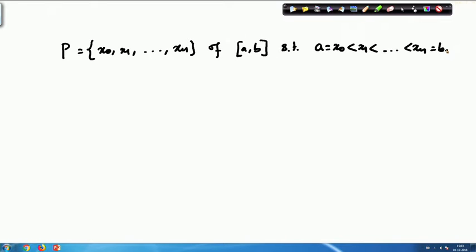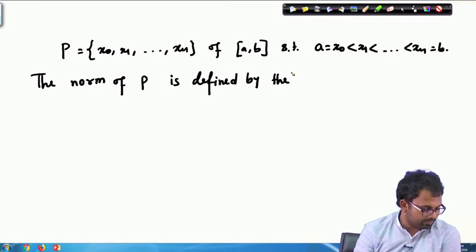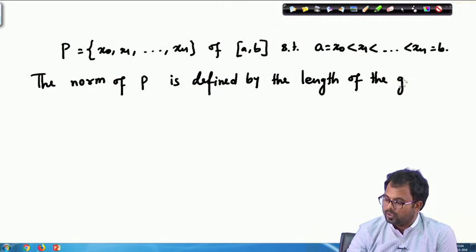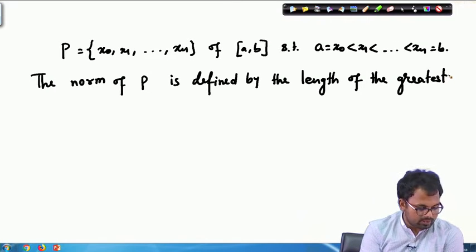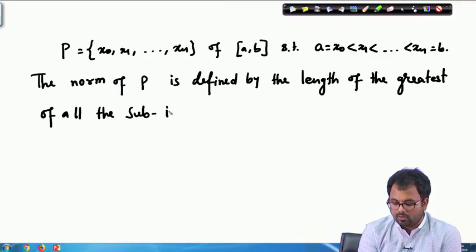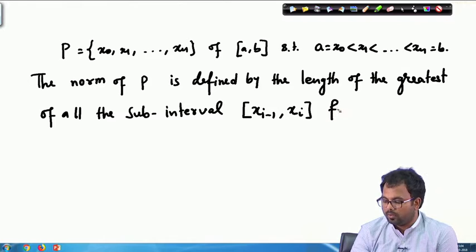The norm of P is defined by the length of the greatest of all the subintervals x i minus 1 to x i, for i running from 1 up to n.